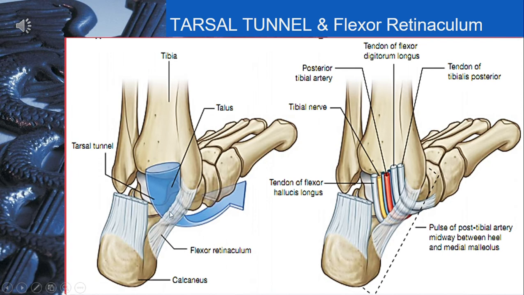Flexor retinaculum is attached here from the medial malleolus to the medial surface of calcaneum, and the tendons of the deep group of posterior compartment and the neurovascular bundle are going to pass deep to this flexor retinaculum here. This part deep to the flexor retinaculum is known as tarsal tunnel.